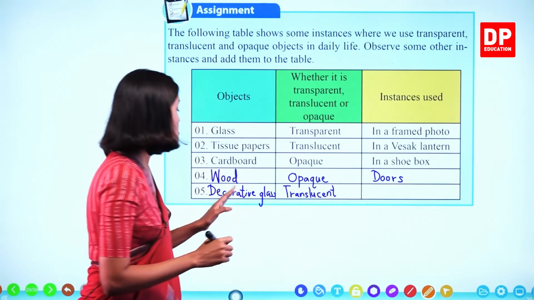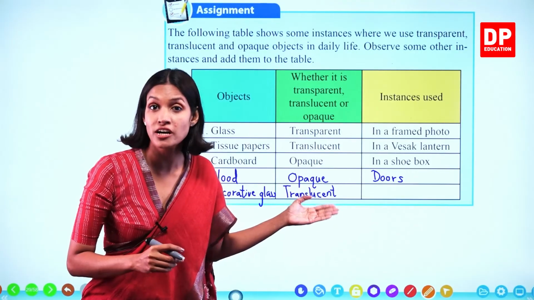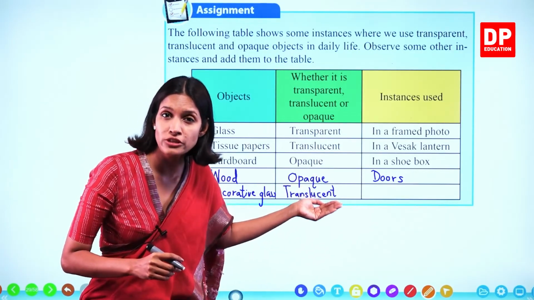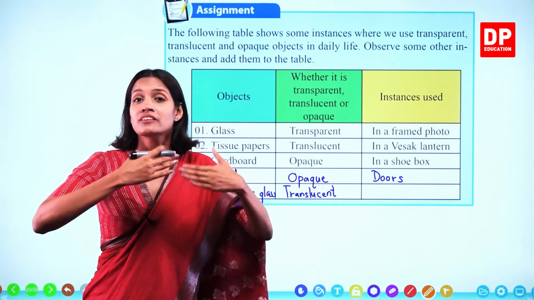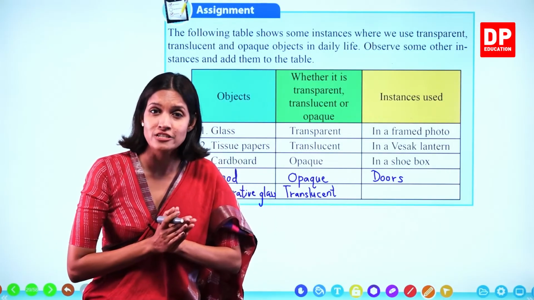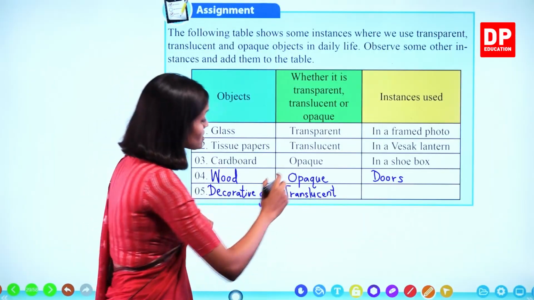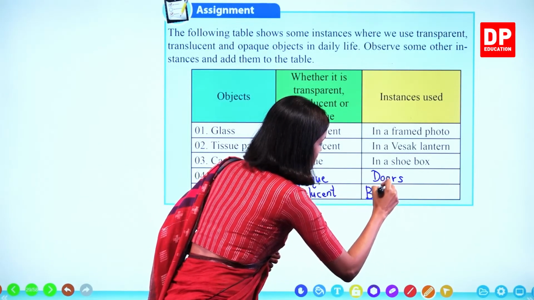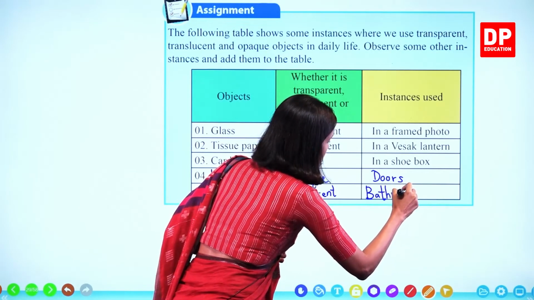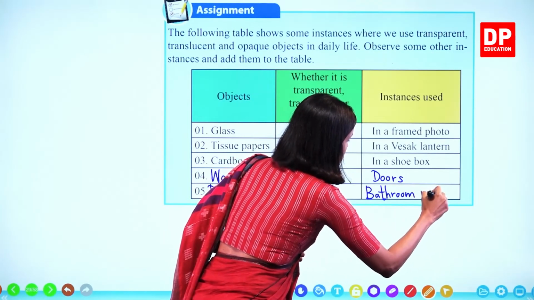So we use this type of decorative glass in bathrooms, right? In bathroom windows we use it. We need to get the light. At the same time, the glass shouldn't be transparent. Okay, so translucent, example, bathroom windows.